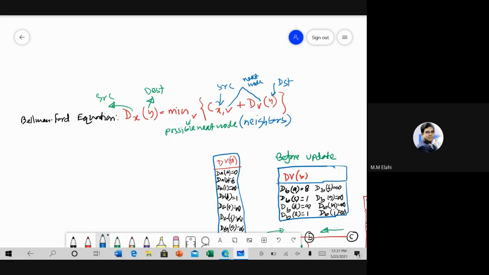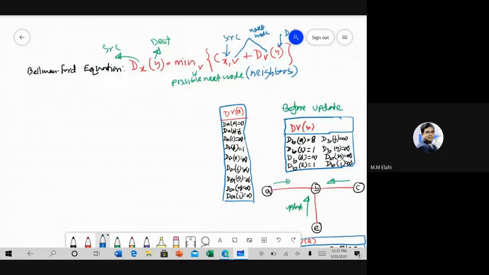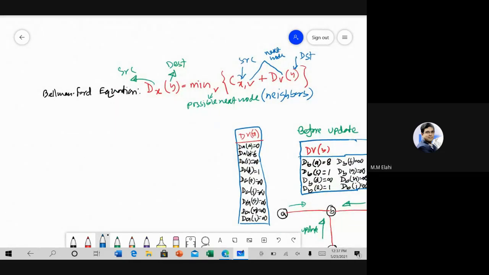That means to update its own distance vector, B needs to calculate. In our case X will be B, so we are working with B. B will be the source, and for V, B has which nodes?